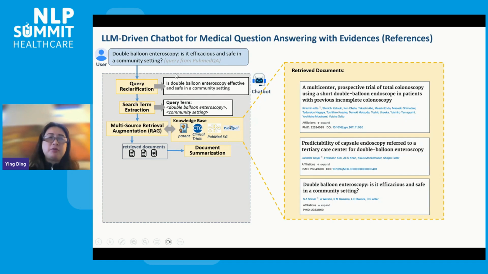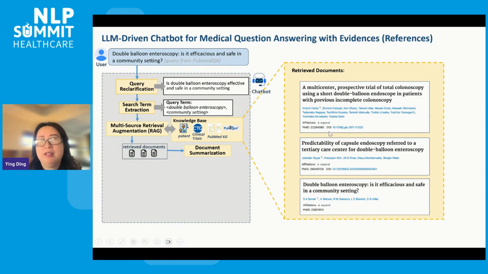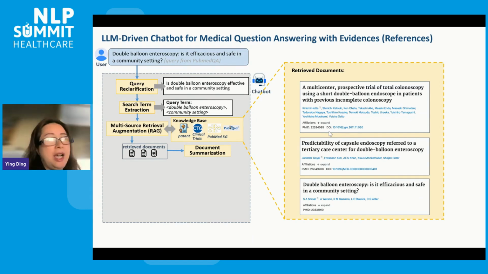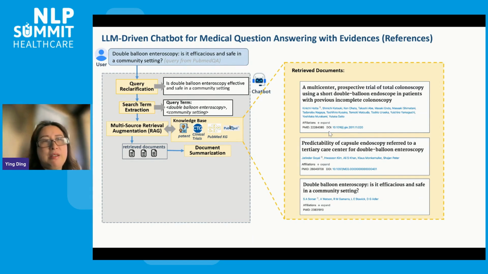For instance, for this question, we can go to PubMed to retrieve related articles. For other clinical trial related questions, we can go to clinicaltrials.gov to answer these questions. Suppose we retrieve all these papers from PubMed, we ask GPT to rank them based on the specific query, because the normal PubMed ranking is quite limited.